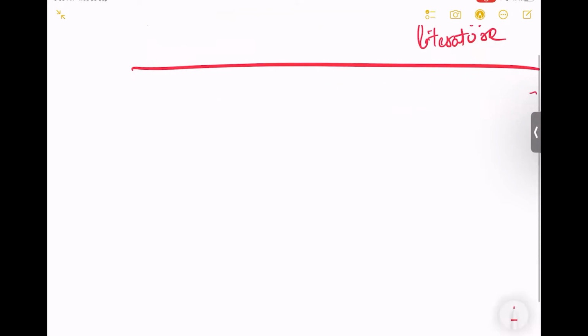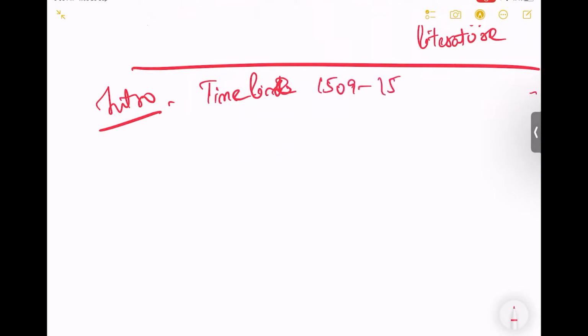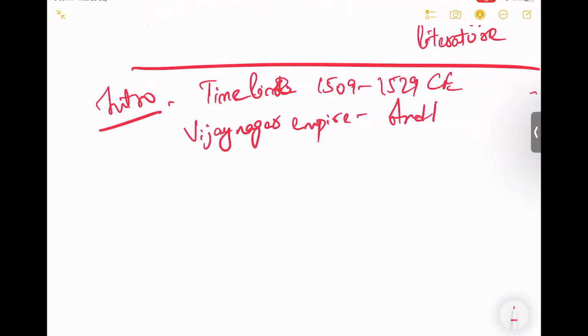Now, in the introduction, we have spoken that we have to speak about the timeline of Sri Krishna Devaraya, which is from 1509 to 1529. His greatest phase of the Vijayanagara Empire, and he is popularly referred to as Andhra Bhoja.